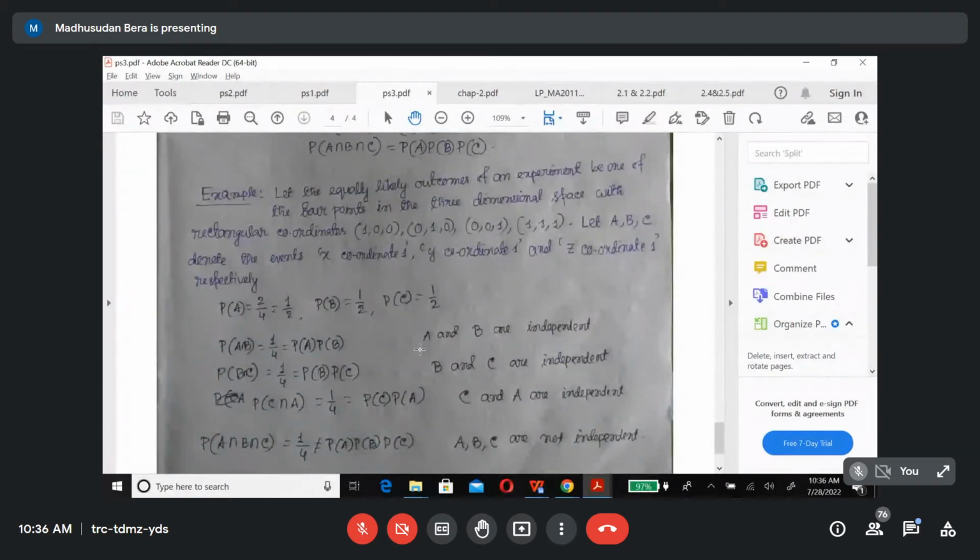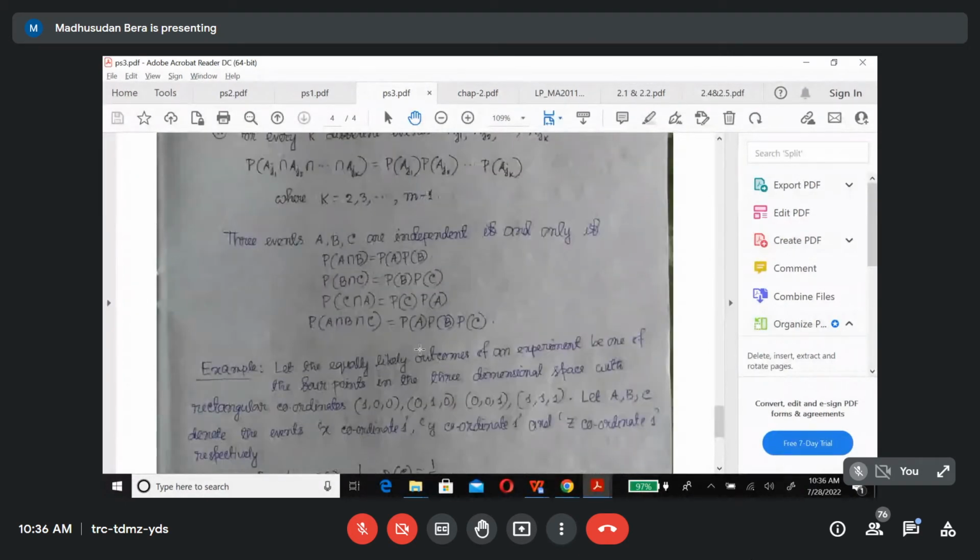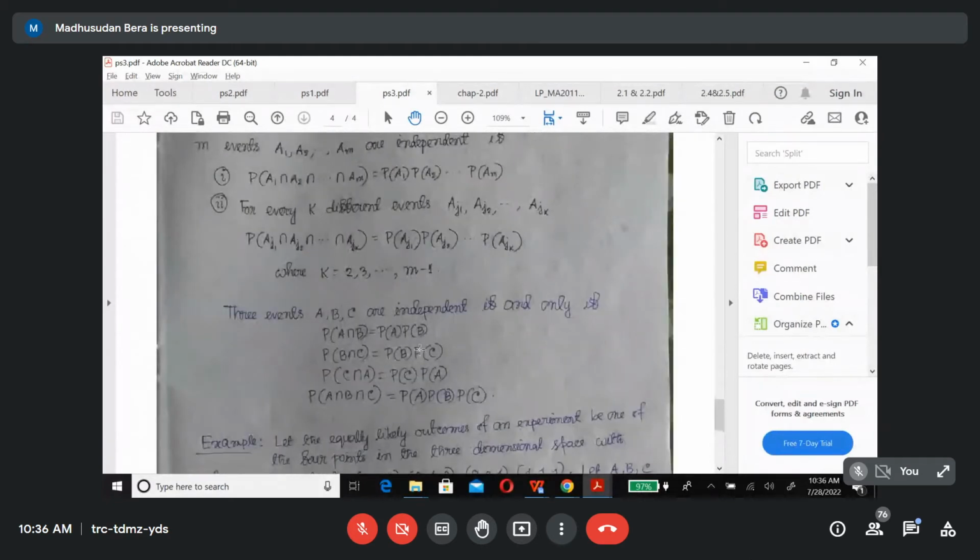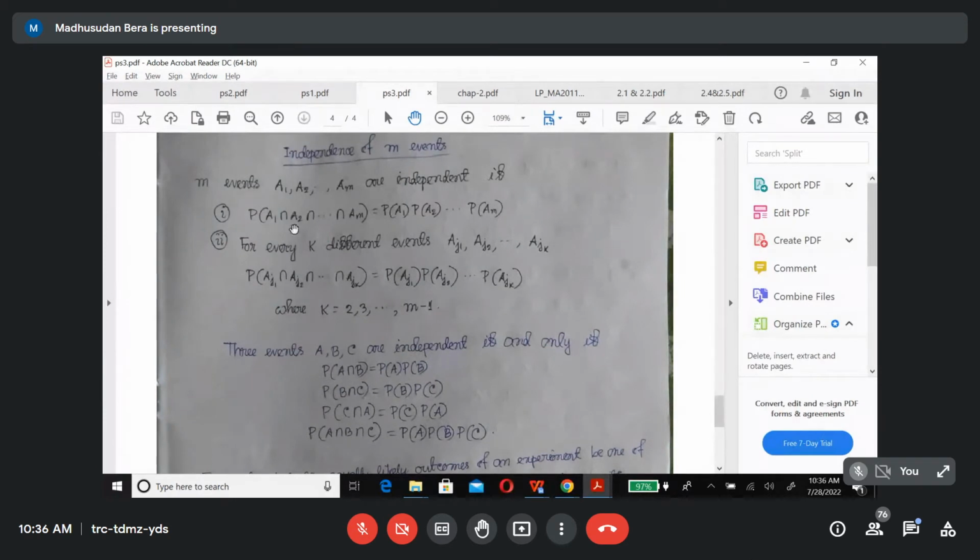Sir, how is this k going up to m minus 1? See, the first condition is up to m. If we take k equal to m, then there is no need to write it again, because k equal to m is already included in condition 1.